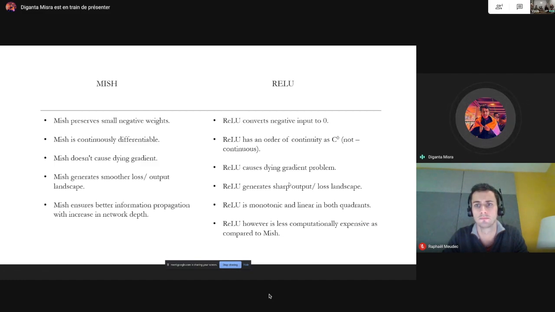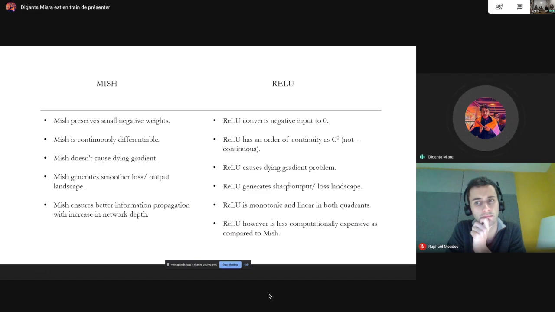Also, Mish ensures better information propagation when the number of layers increases in the architecture. So you can say that for larger or more complex architectures, Mish is a better choice as compared to ReLU. And ReLU is piecewise linear and monotonic on both quadrants.